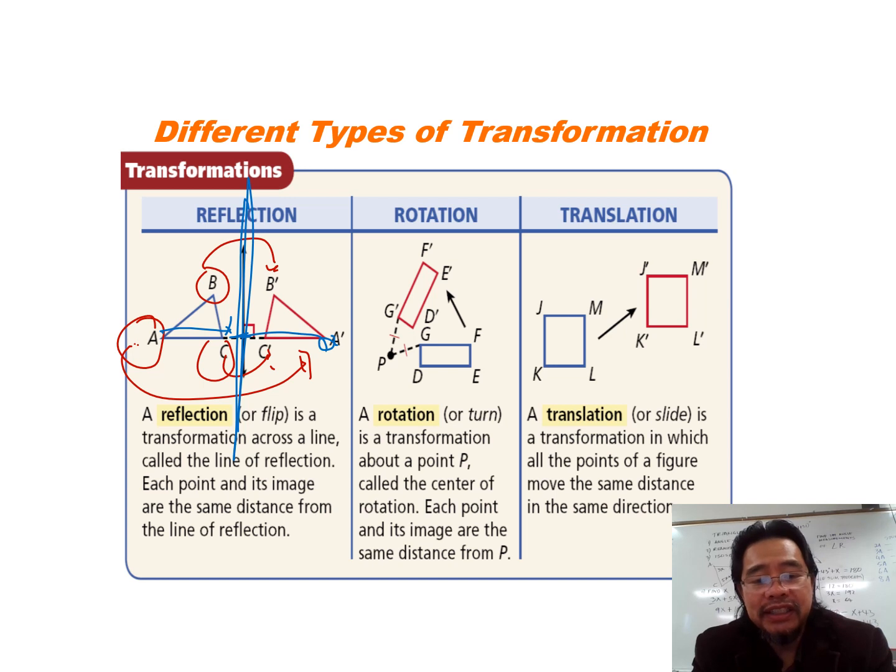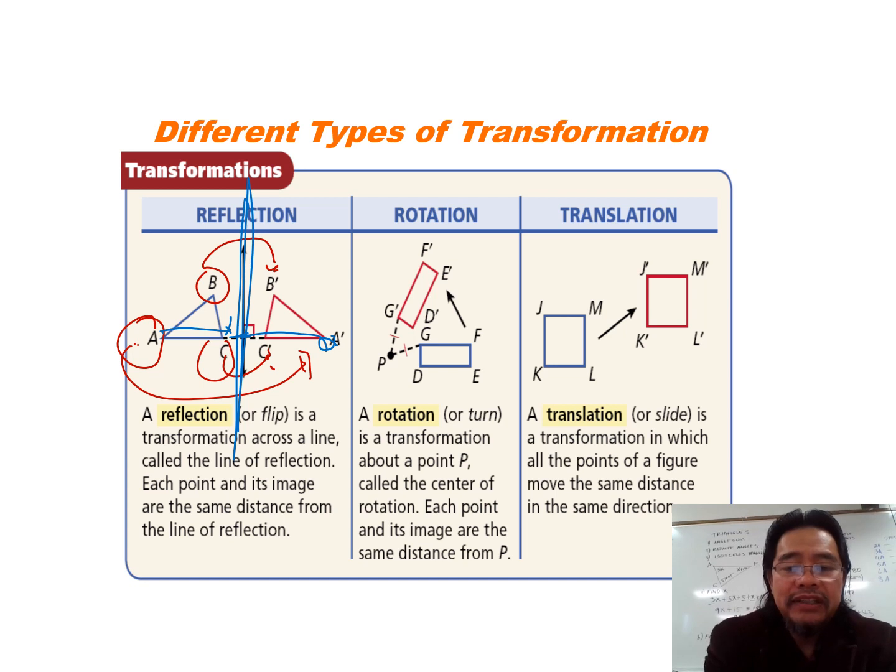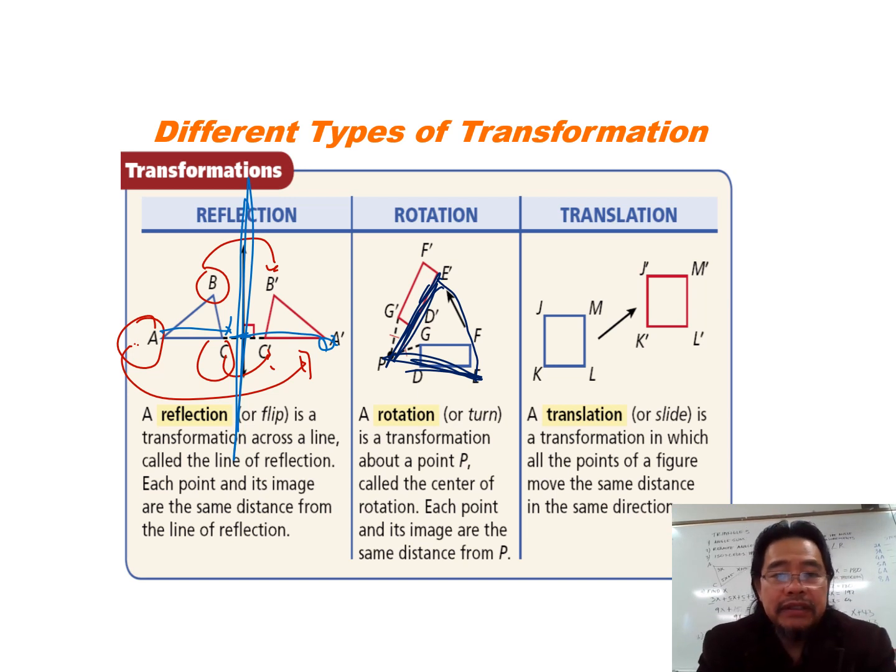And each point and its image are the same distance from the rotation point. So for example here, the rotation point is here. And this E, when rotated here, is the same distance as that. So if that is 10 centimeters, this is 10 centimeters. And they normally make a 90-degree angle here.